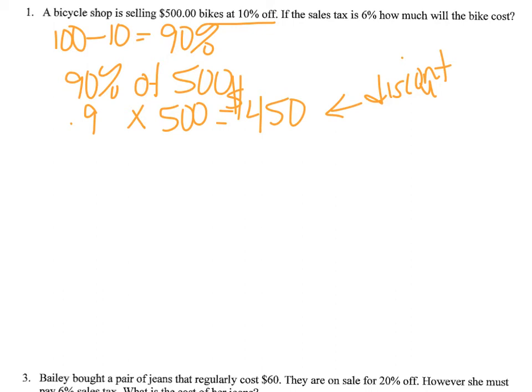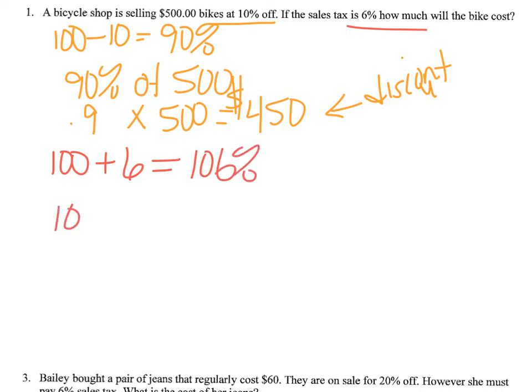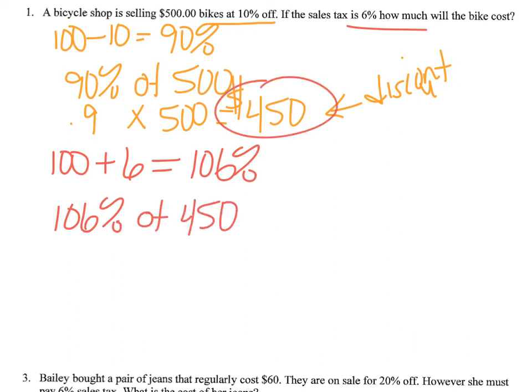Now, there is a 6% sales tax. So now we need to add 6% onto the price. So we have 100% of the price, plus we have 6% that we need to add on. So we're really going to find what is 106% of the price. So we're going to do 106% of the price, which was $450.